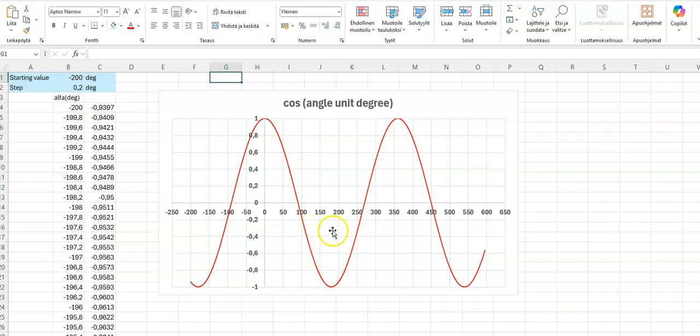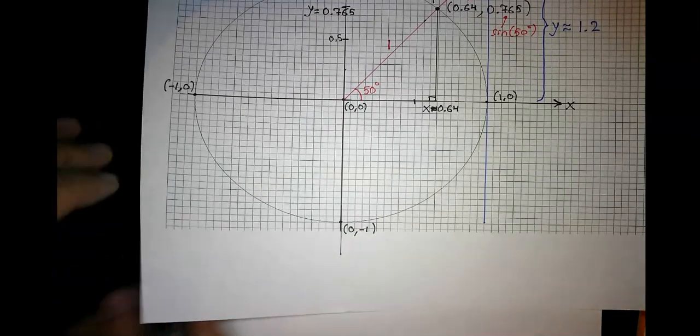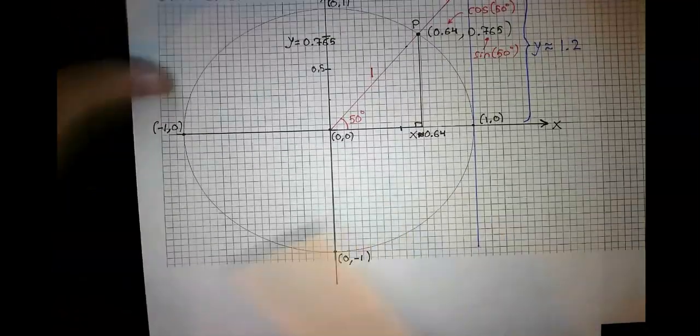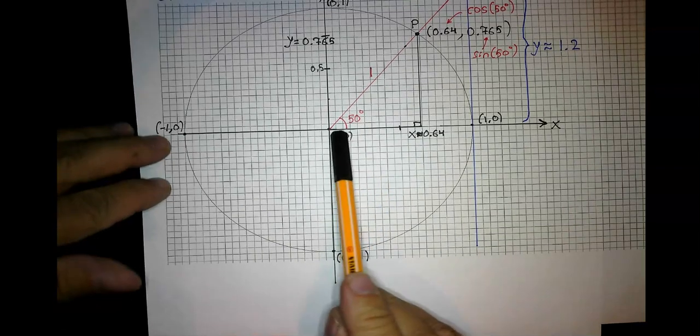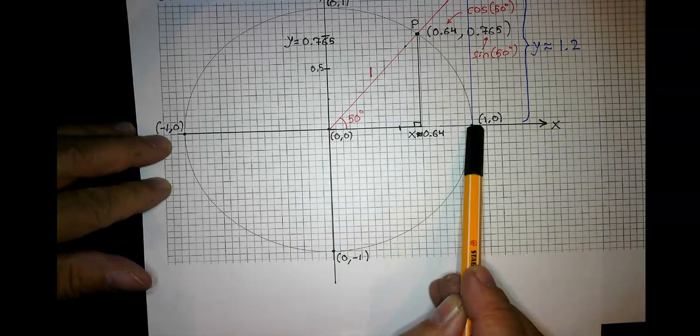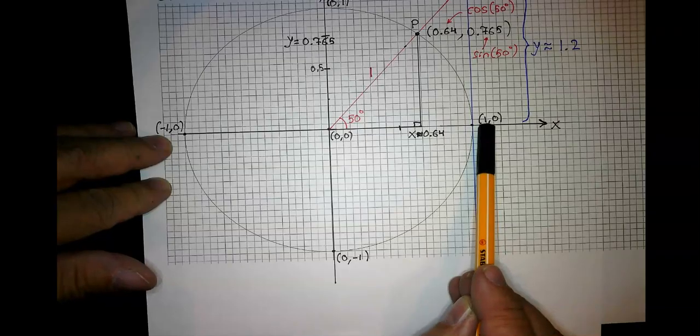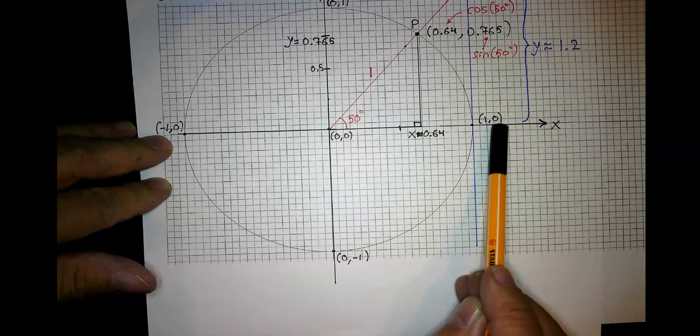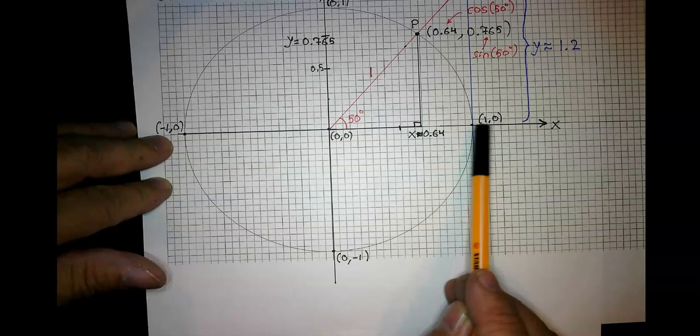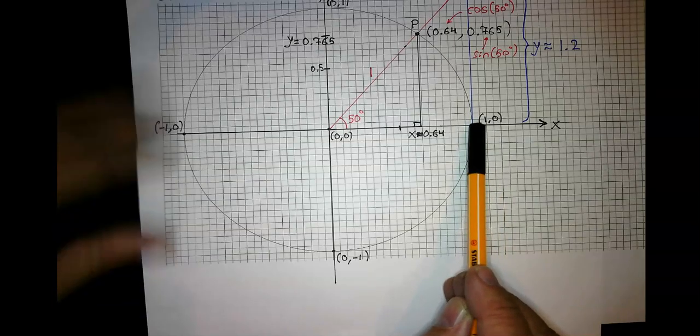And here you can also see the period. For example, if we have 0 degrees, the cosine is exactly 1. We could see that from this unit circle. If we have the angle 0, then we are lying on this x-axis, and the cosine gets the value of 1, and sine gets the value of 0 because these are the coordinates of this point.